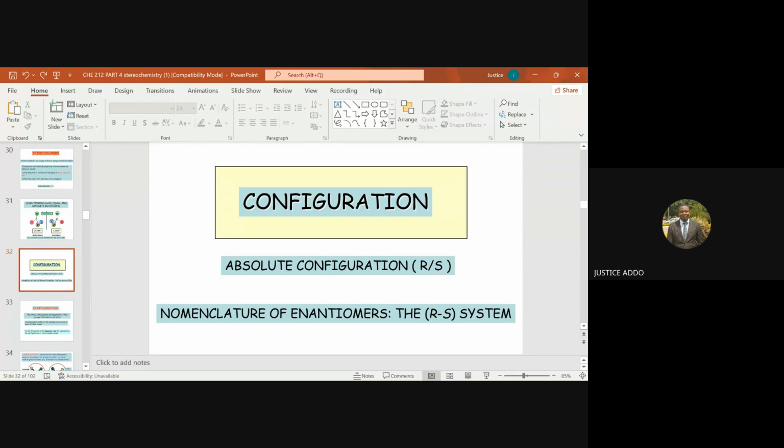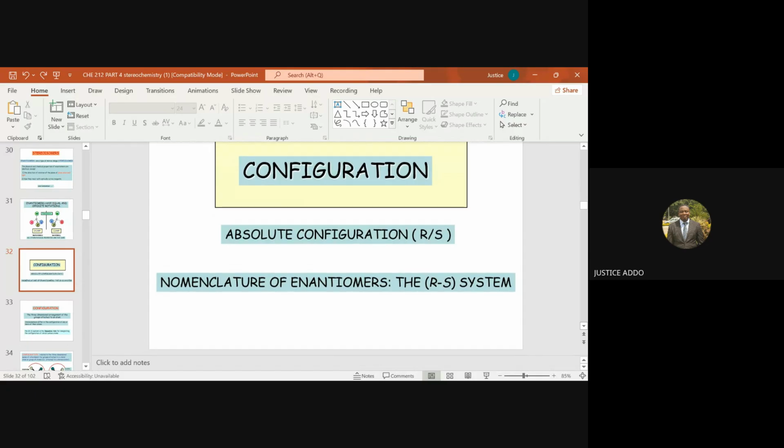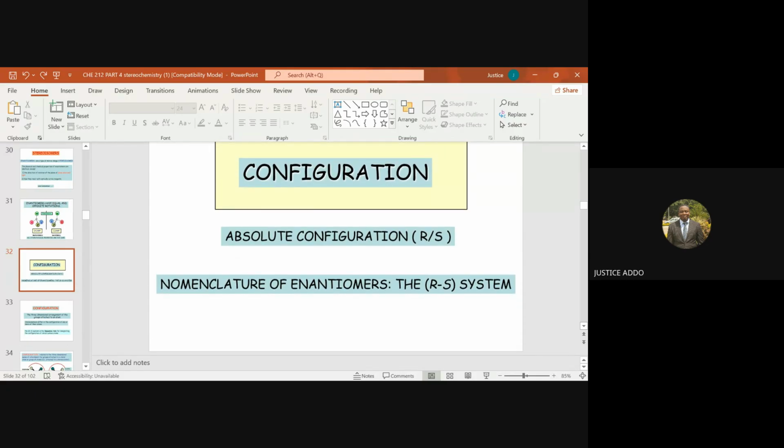So that if you are given a compound which is optically active and exists in two forms, which are mirror images, and of course, non-superimposable, and we call them enantiomers. When you are asked to give the IUPAC name of this pair of enantiomers, one of them, you probably will have to begin with what? R. The other one, you have to begin with what? S. But then how do you know which one is the R and which one is the S?